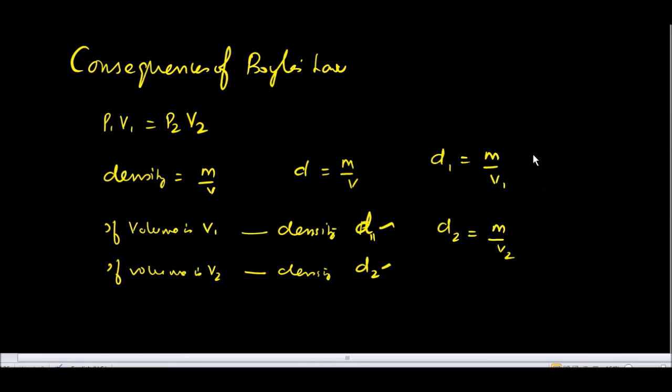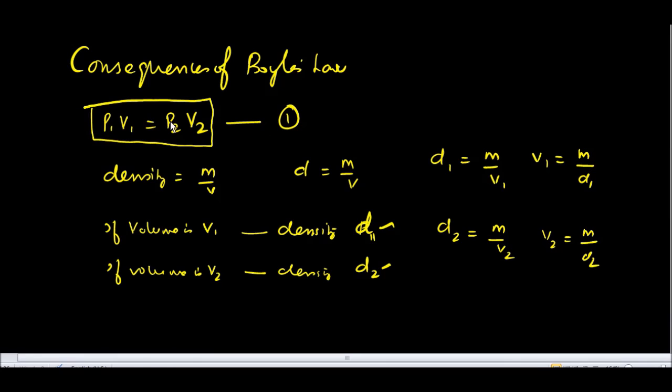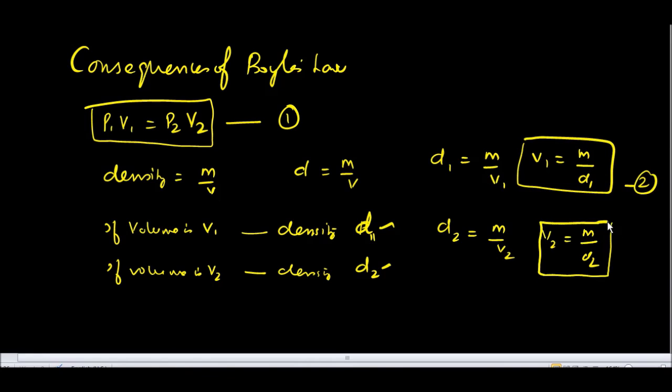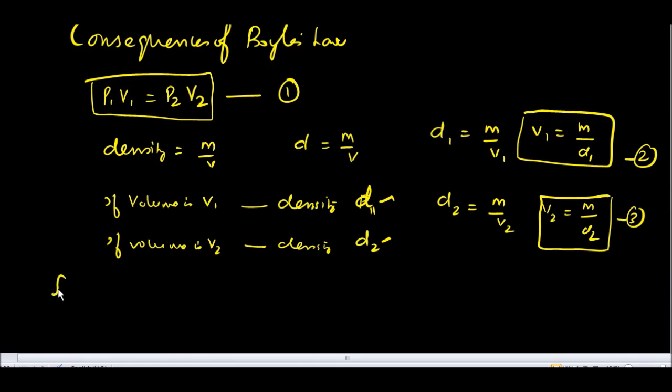According to this, what is V1? V1 is M by D1 and V2 is M by D2. Try to understand. So this can be taken as equation number 1. P1 V1 equals P2 V2, and this is to be taken as equation number 2. And this is to be taken as equation number 3. Now substitute equations 2 and 3 in equation number 1.